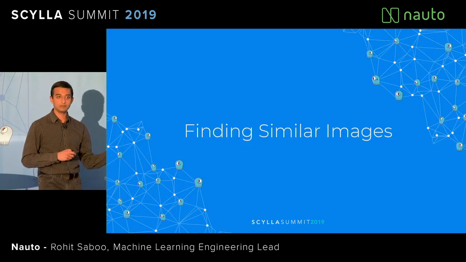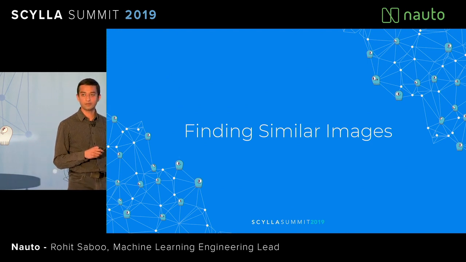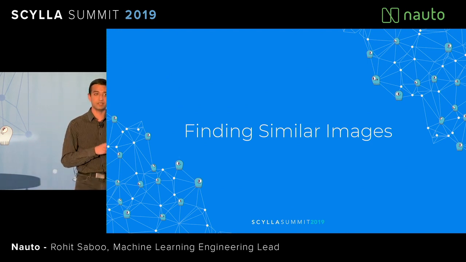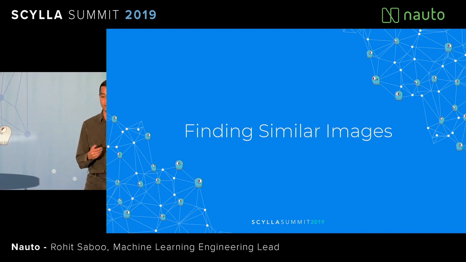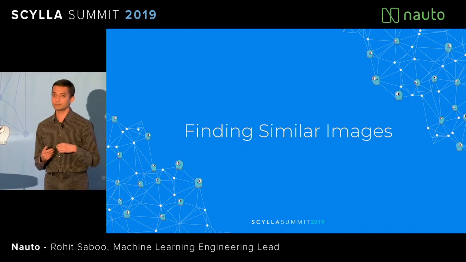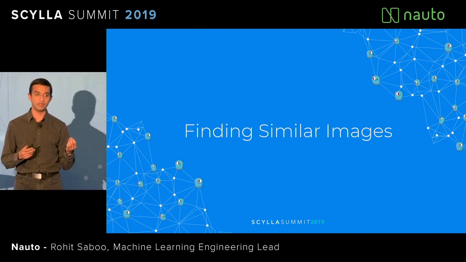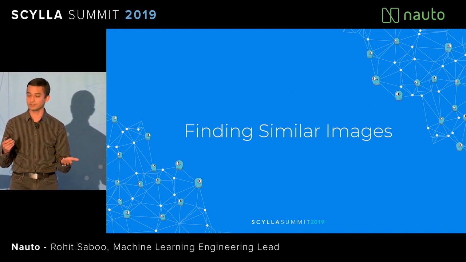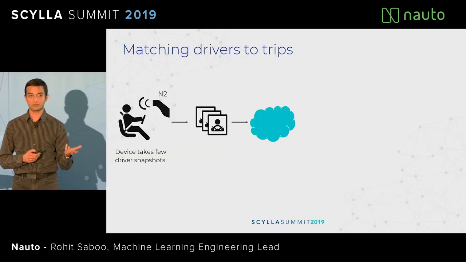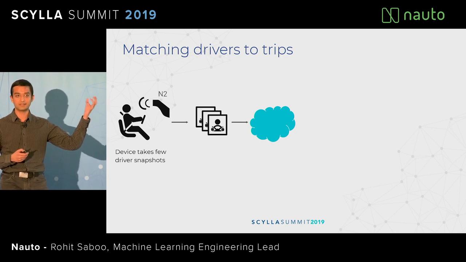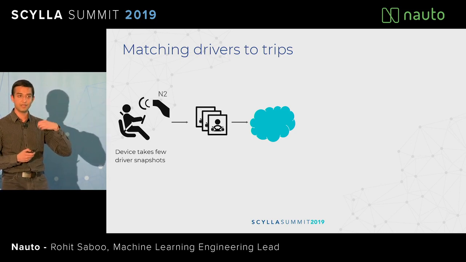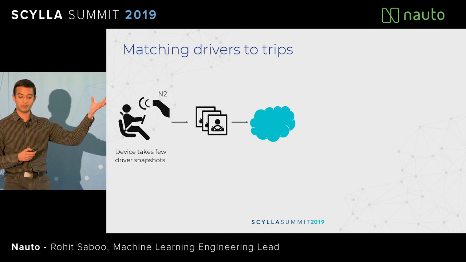The second thing that I talked about was matching a driver to a trip. Now, this problem happens to be very similar to finding similar images. Let's look at what we do. The Nauto device collects snapshots of a driver, sends that up to the cloud.